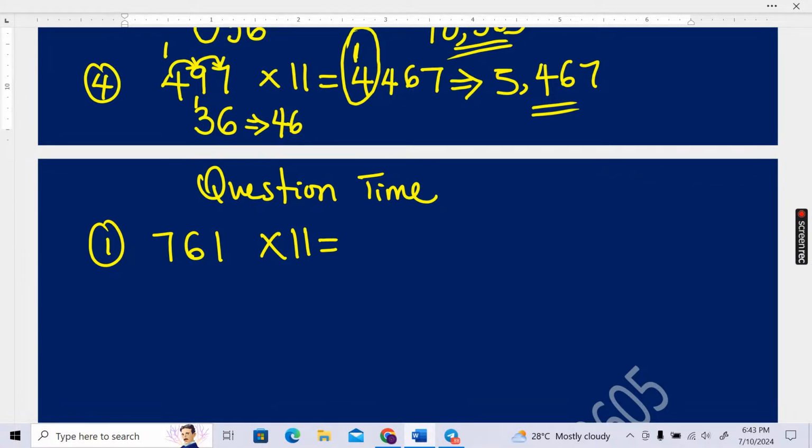Answer this question in 5 seconds. Mental math helps you to answer mathematical questions with speed, all right? So the goal of this is for you to be able to answer those questions fast when you see it during examination or during your regular maths in school. So what is 761 times 11?